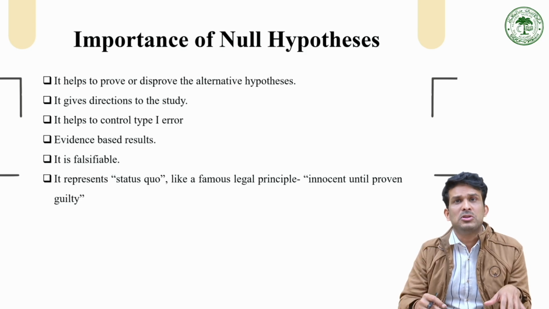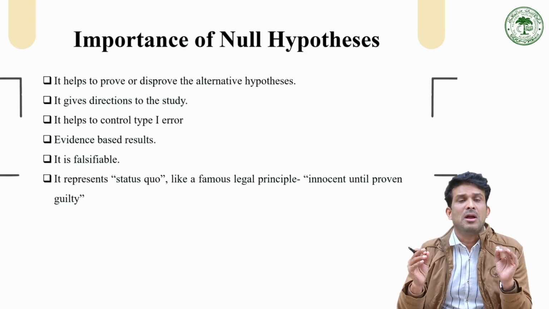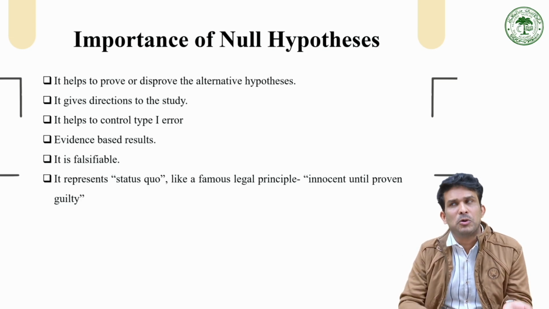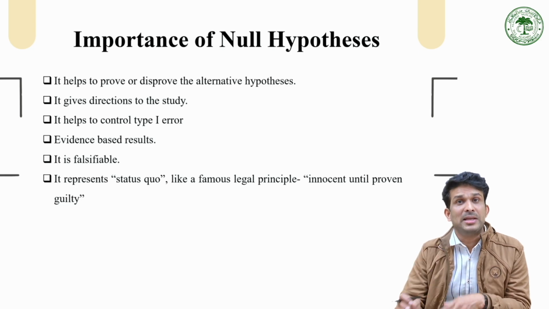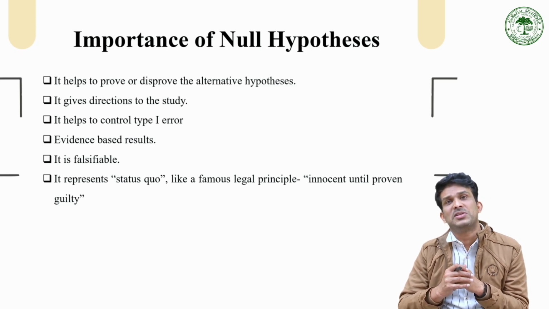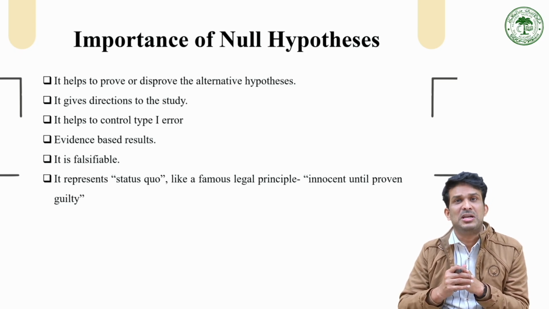So hypothesis proving or disproving is through a null hypothesis. When we have a hypothesis, we have to collect the relevant data, apply the statistics appropriately for the specific data set, find out the level of significance and fix whether it is rejected or failed to reject.